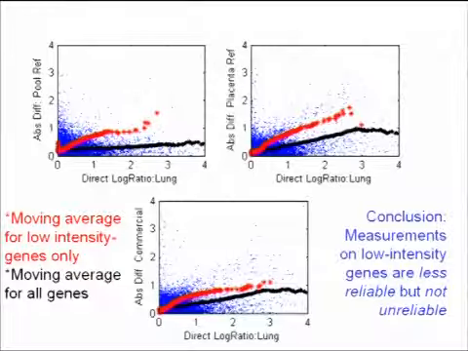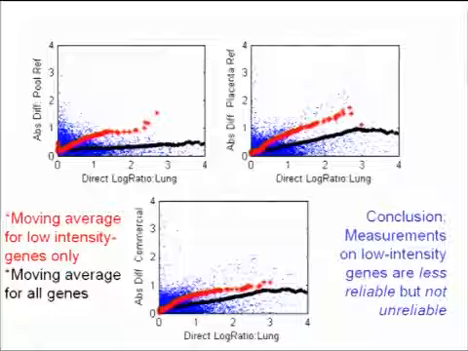Here's a slightly different way of looking at the data. Instead of simply plotting the direct against the indirect log ratio, I still have the absolute value of the direct log ratio here, and then I take the absolute value of the difference between that and the indirect. So it's a folding and a transformation of the plot. There are too many data points on the picture to really see what's going on, so I put in some smooths here.